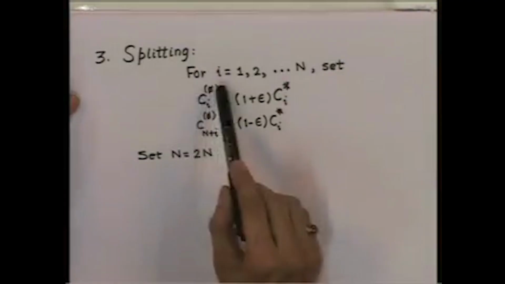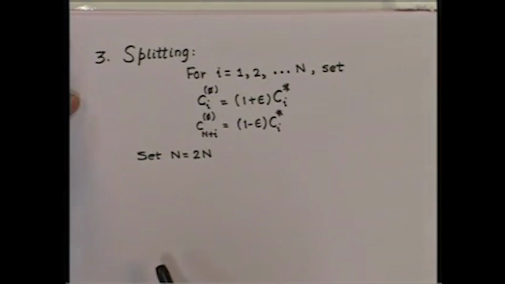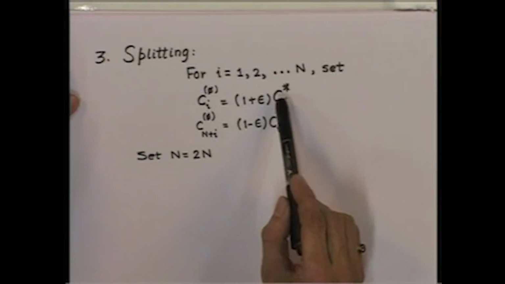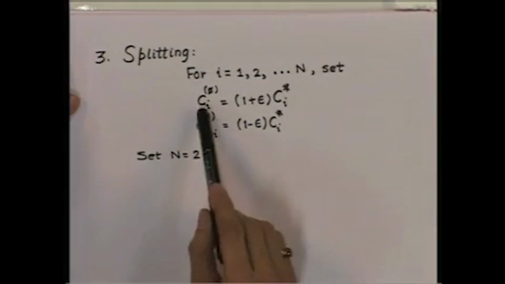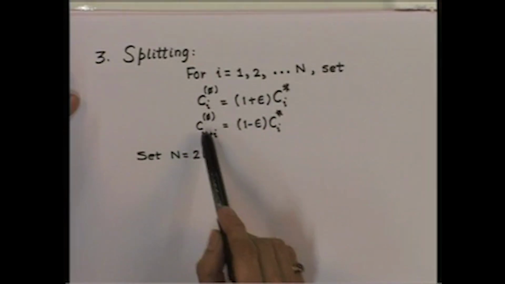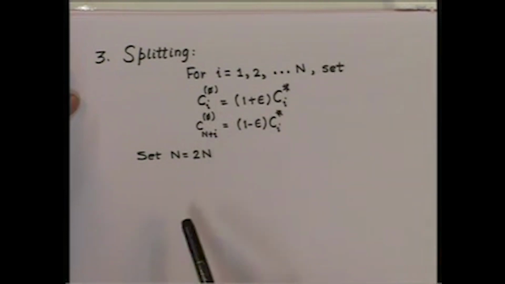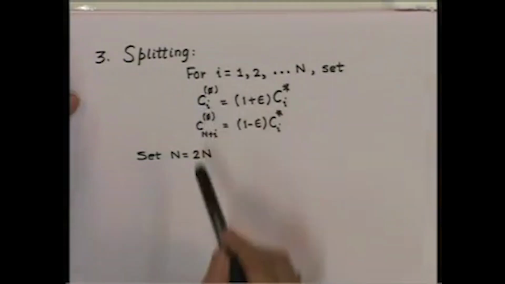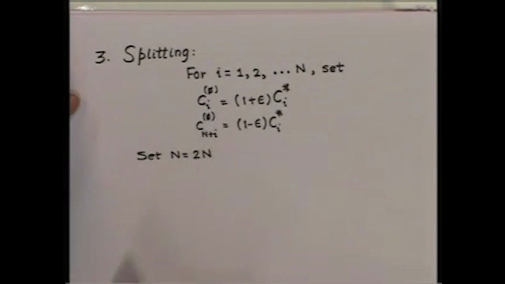To start with, our n is equal to 1, therefore, i is equal to 1, and we split the earlier code word, that is C1 star, into 2 initial code vectors given by C1 0 equal to (1 plus epsilon) C1 star and C2 0 equal to (1 minus epsilon) C1 star. For our discussion, we will read these quantities as Ci 0, Ci star or Cn plus i 0.